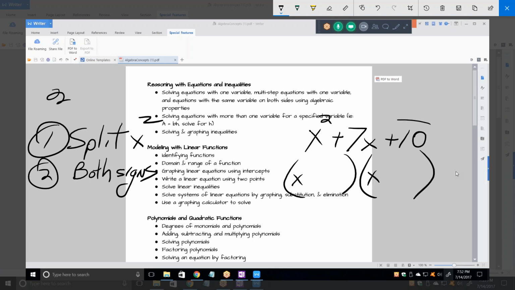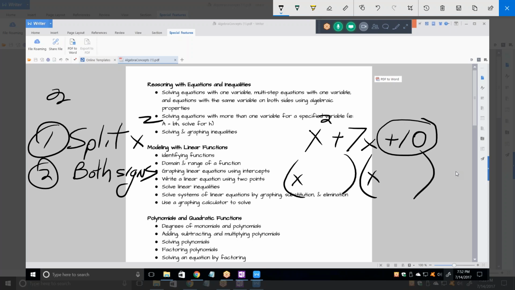First of all, how can I produce a plus 10? If the signs were opposite, in other words, if one was plus and one was minus, I'd never get a plus sign in front of that 10. It would always be minus, right?